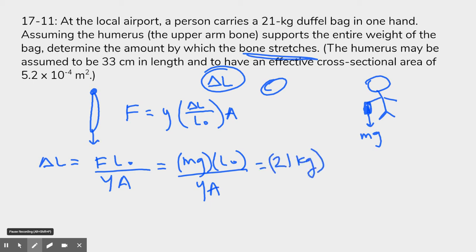We know what gravity is, 9.81 meters per second squared. And then we're going to multiply that by our initial length, which is 33 centimeters. We just used meters per second squared, so we need to convert 33 centimeters to meters, which would be 0.33 meters. So let's plug that in.